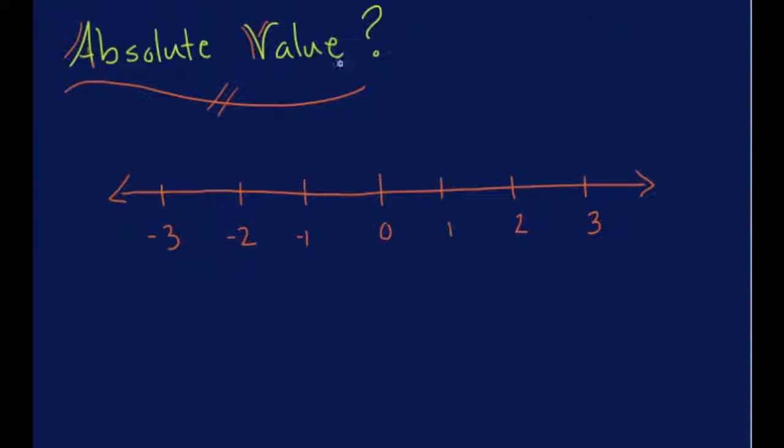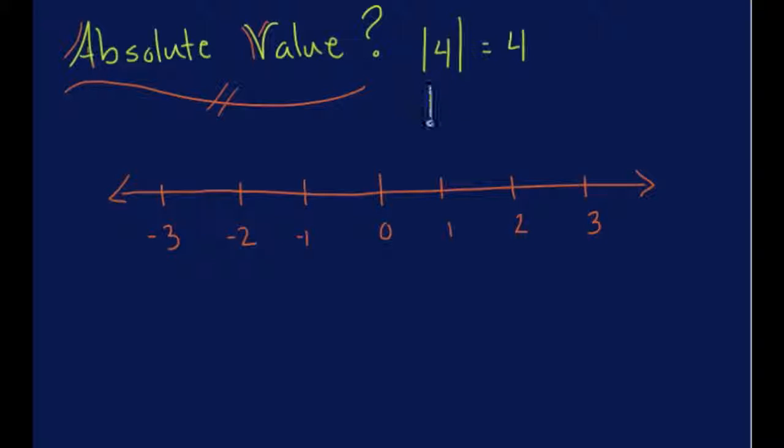Alright, so what's absolute value telling us? I remember being in class thinking, I kind of get absolute value, but I don't understand the true meaning of what it actually is. So here's the best explanation I can give you. Let's say you had the absolute value of 4. The absolute value of 4 is 4. Pretty easy, right?